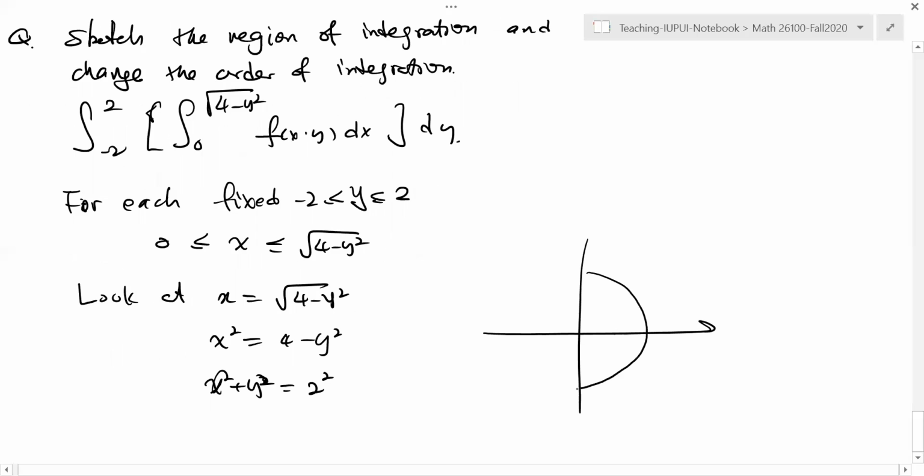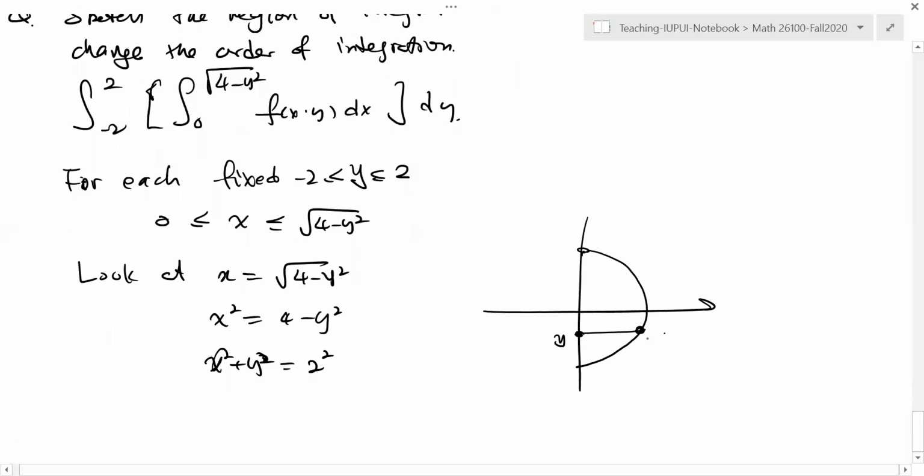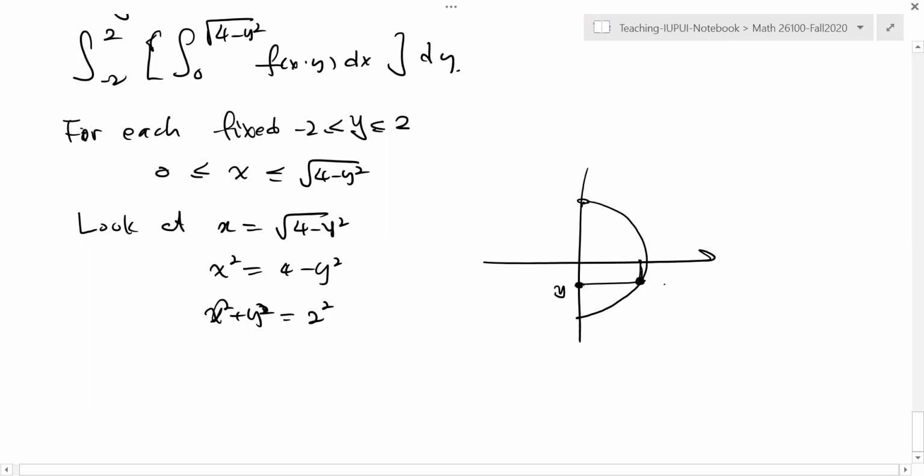For y between -2 and 2, this is fixed y, and x is between 0 and the square root of 4 minus y squared. You solve for x, and you get the upper bound for x. So this is our domain.